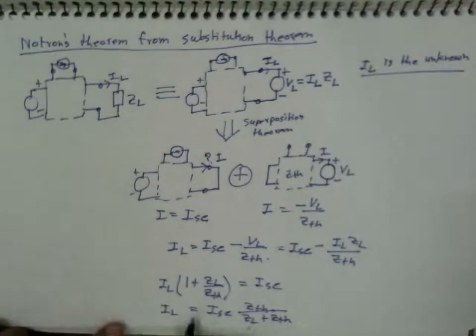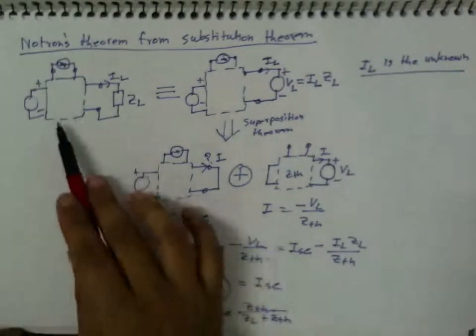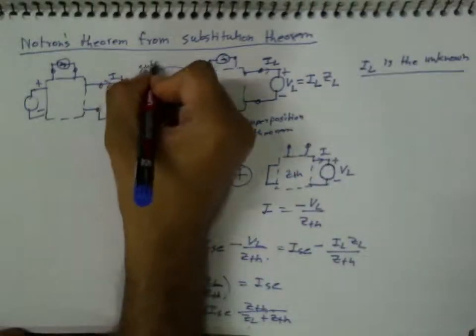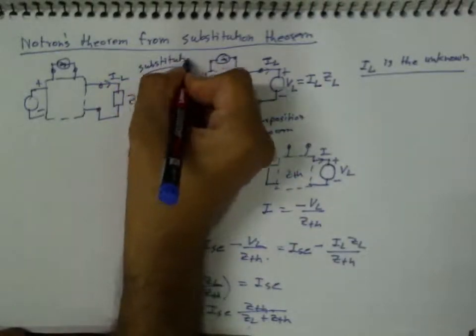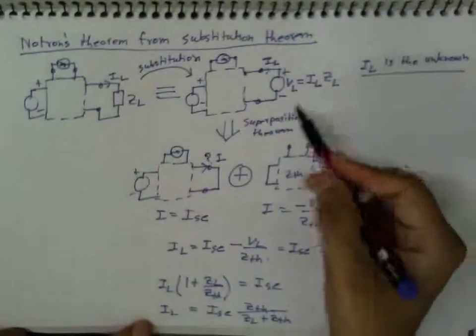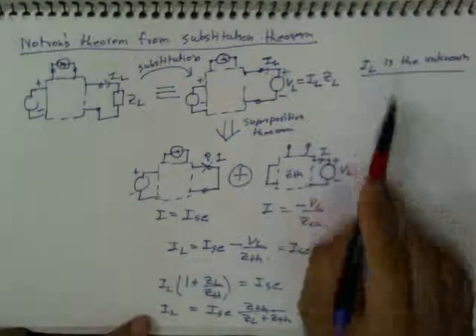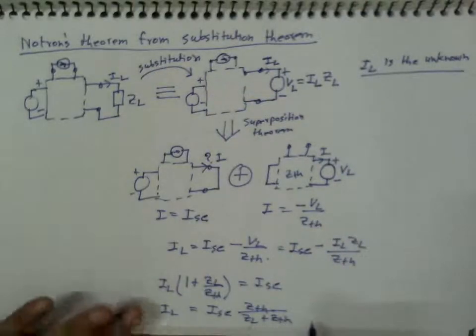So this is what we get by applying substitution from here to here, and then superposition theorem, and then we solve for the unknown current IL. This is what we should have.